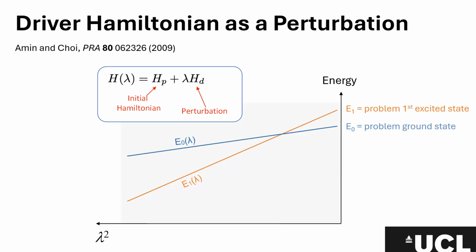The case lambda equals 0 corresponds to here, and you might have some problem ground state and first excited state close in energy. As you introduce the driver by moving along this lambda axis, these states may cross if the slopes are different in these two dependencies for the ground state and the first excited state. This gives you this perturbative crossing here, which will be difficult to get through in an annealing experiment.